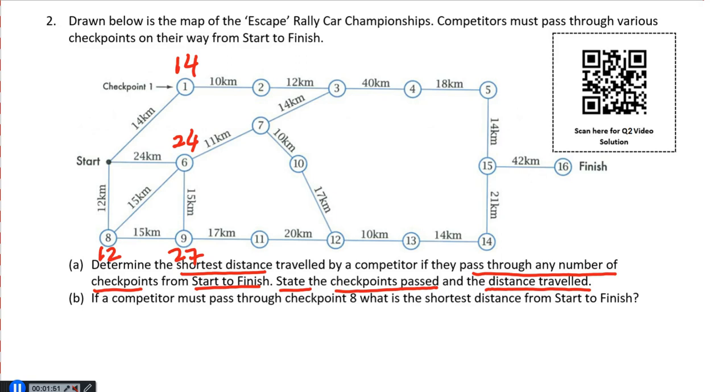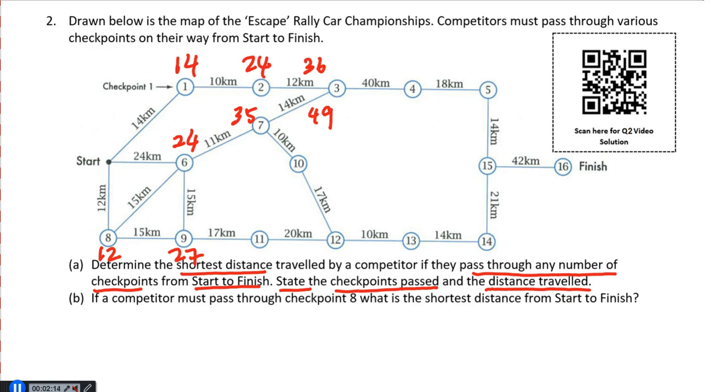14 plus 10 here is 24. 24 plus 12 here, my possibility is 36. 24 plus 11, you have only one choice, which is 35. 35 plus 14 is 49.